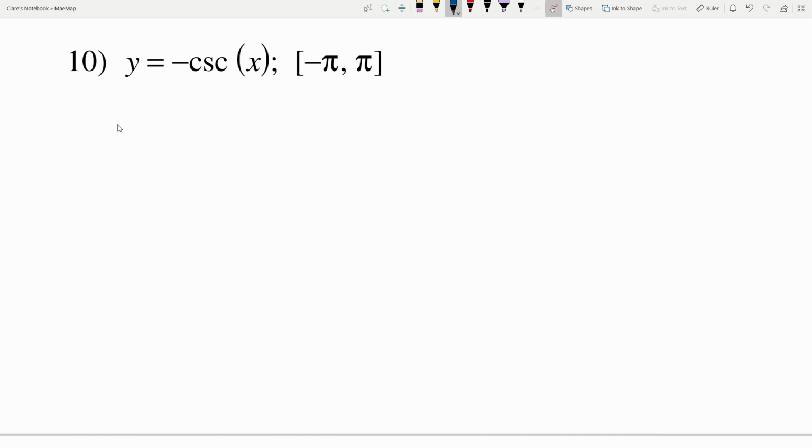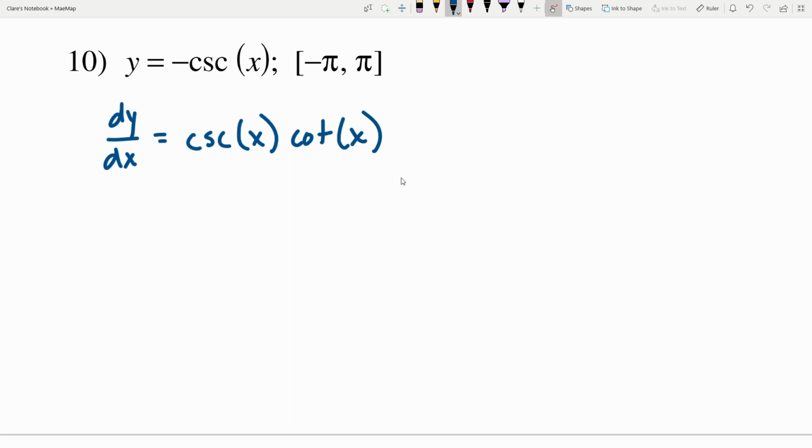So, dy/dx is going to be equal to, well, what's the derivative of cosecant? The derivative of cosecant is negative cosecant of x cotangent of x. But because this is negative, and then I take the derivative and it's negative, I'm going to actually have a positive cosecant of x cotangent of x as my derivative.